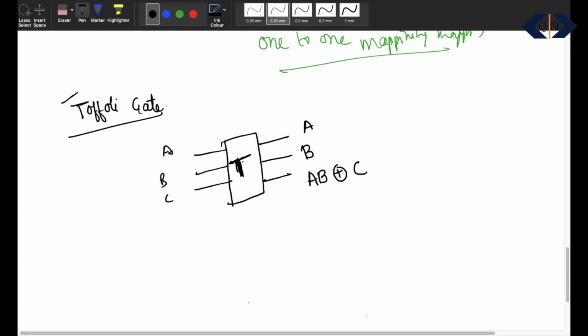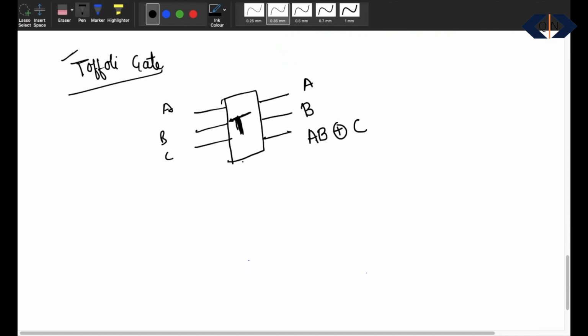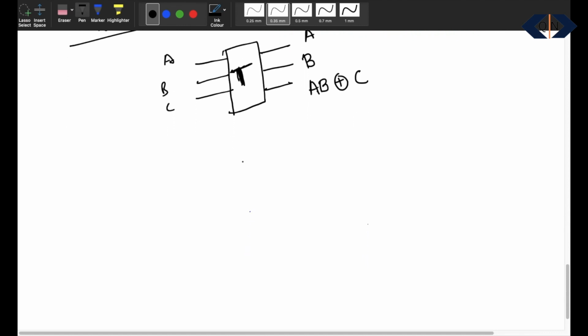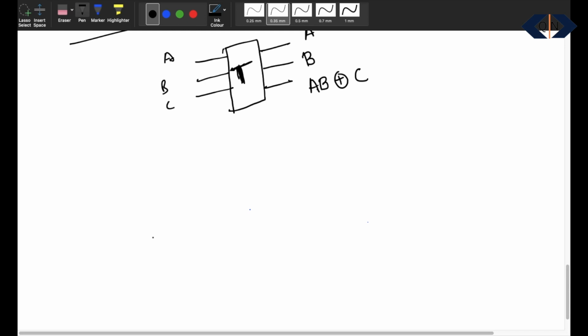So let's look at the truth table of the Toffoli gate. Basically, before looking at the truth table of Toffoli, can we also make a circuit diagram first? We are making this for the AND gate, right? AND gate as a reversible gate.